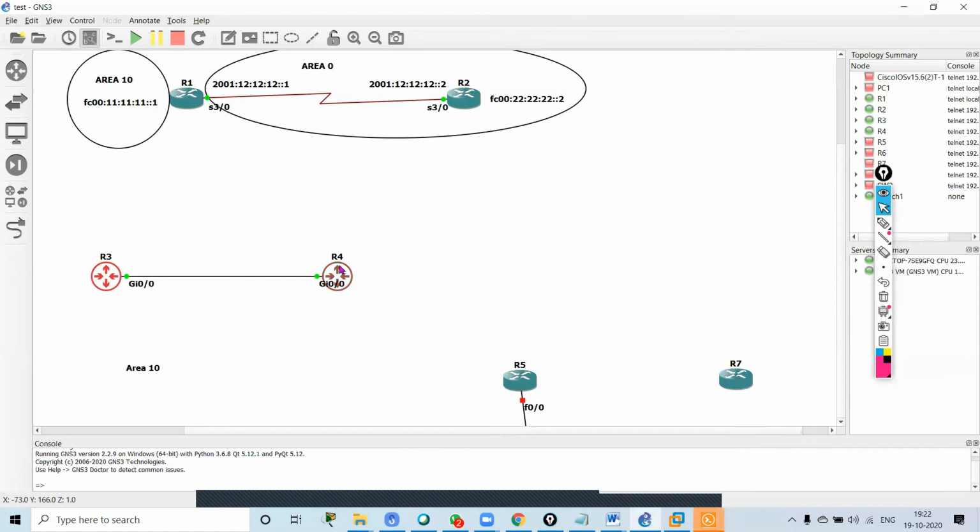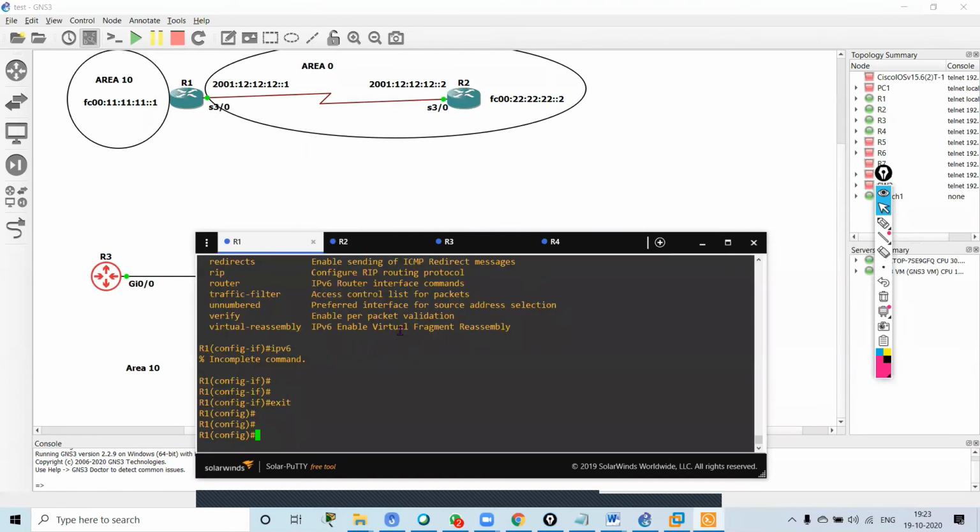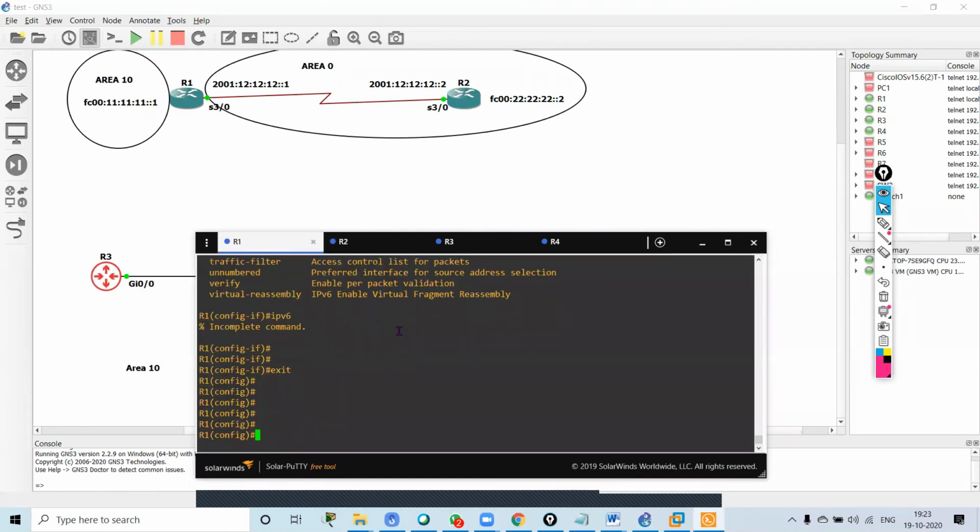See, we have the option of RIP, but we don't have the option of EIGRP. So till the time the routers get started, we can configure RIP.